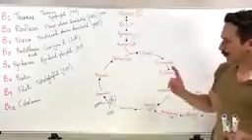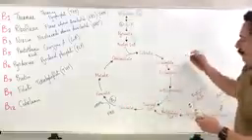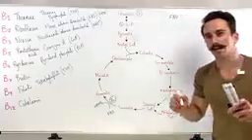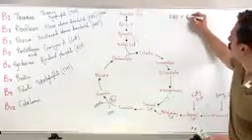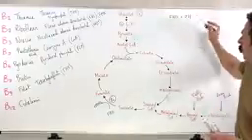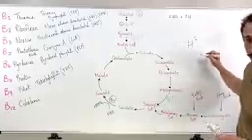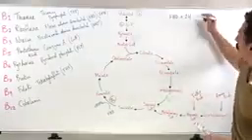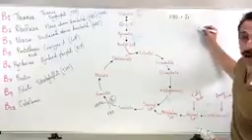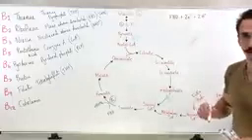And why is this important? What's it doing? Well, simply put, I'll draw it up here quickly, is we have FAD. What FAD does is it steals 2 hydrogen. Now think about it. 2 hydrogen, if you've got a hydrogen, it's got an electron, it's got a proton. So, if it steals 2 hydrogen, it's actually stealing 2 electrons and 2 protons.